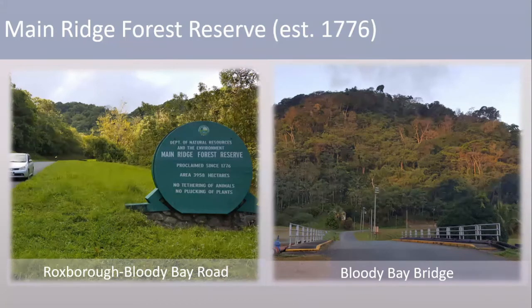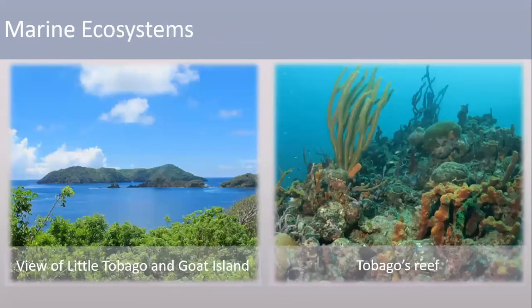And this forest reserve also feeds directly into several of these drainages, like the Bloody Bay River, that houses species like Anguilla rostrata.